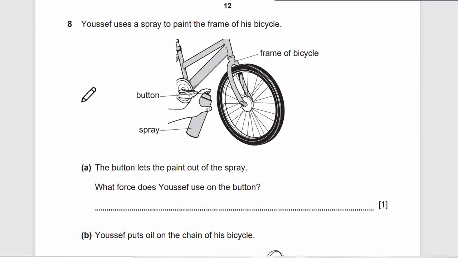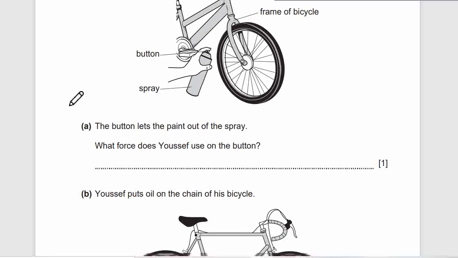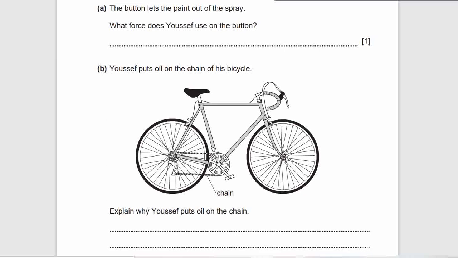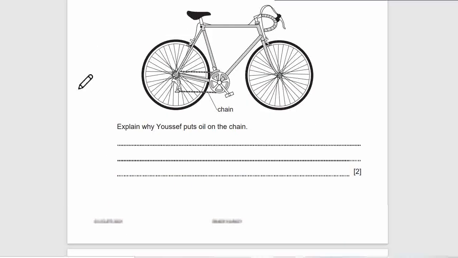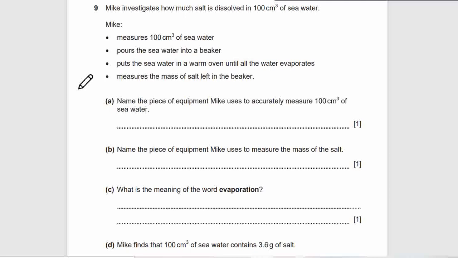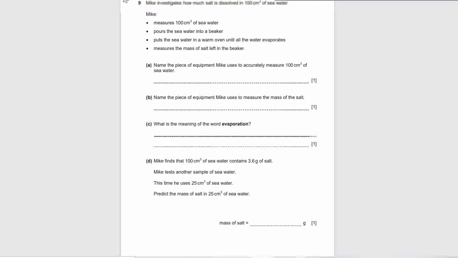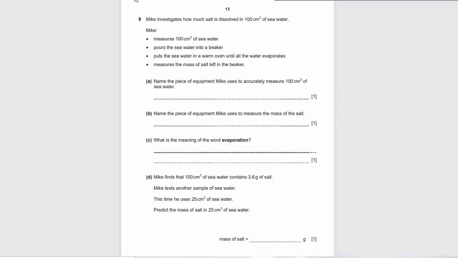This is question number 8A and B. And this is question number 9, A, B, C, and D. This is the whole paper.